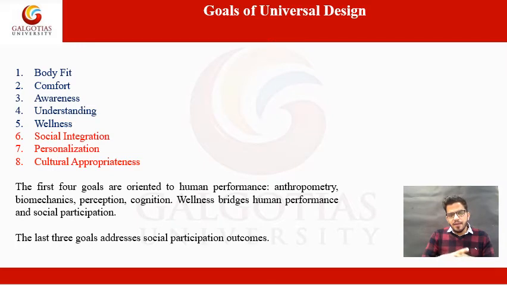So these top 8 goals are very important to keep in mind when we are designing with the universal design concept. Human performance, anthropometry, biomechanics, etc. are important factors, and we have to keep in mind social participation or social awareness as well.